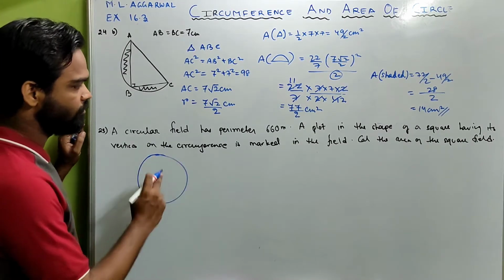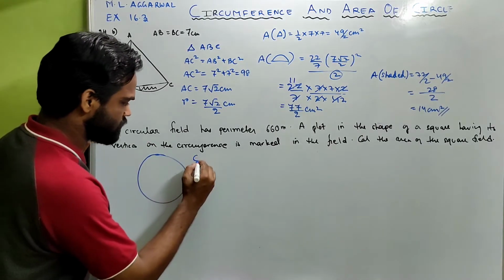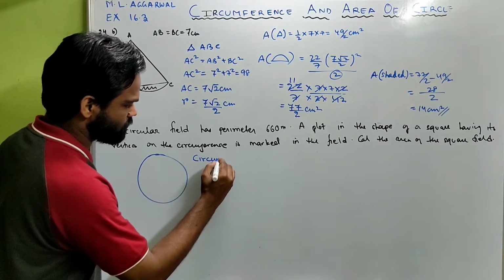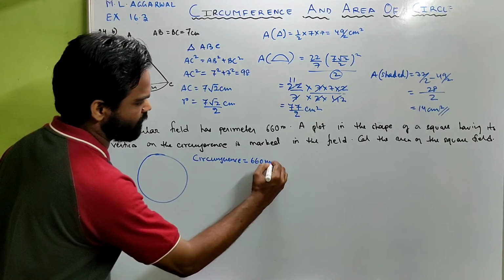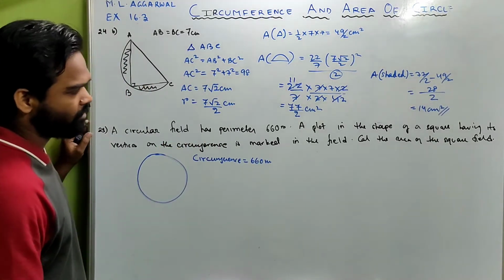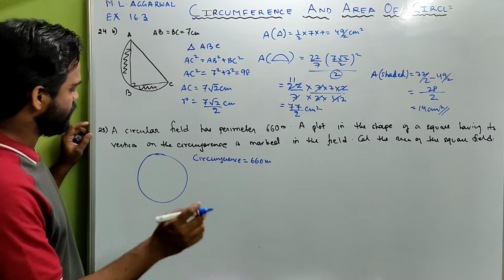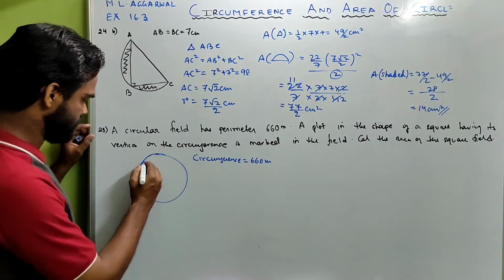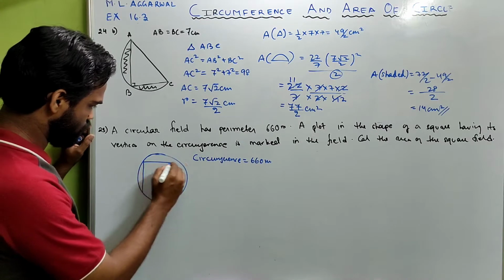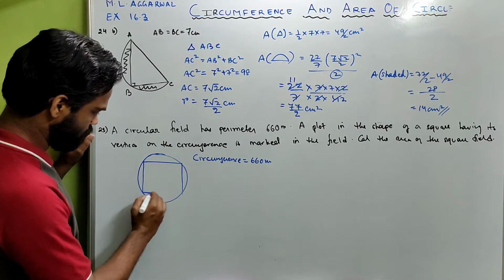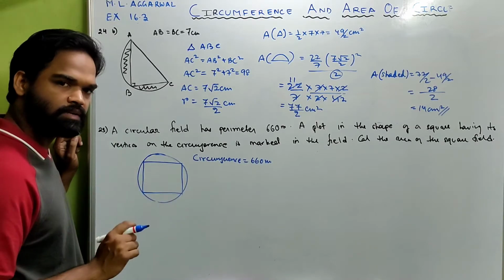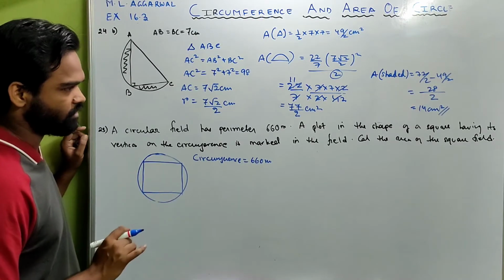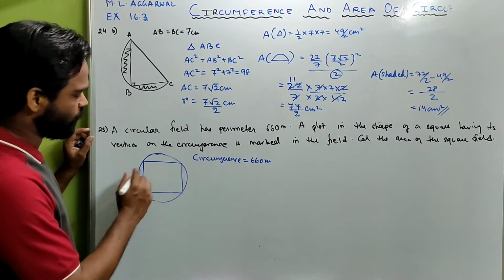You have a circular field whose perimeter, which means circumference, is given as 660 meter. We can get the radius, okay? A plot in the shape of a square having its vertices on the circumference, which means there's a square whose vertices are on the circle. Calculate area of the square field.